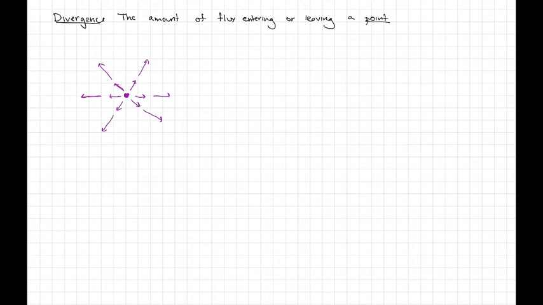And over here, I'm going to think about the electric field around a negative charge. Again, I'm going to just draw some vectors that describe that particular field. And let me draw a little better.